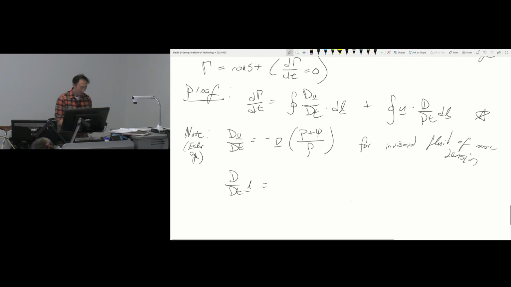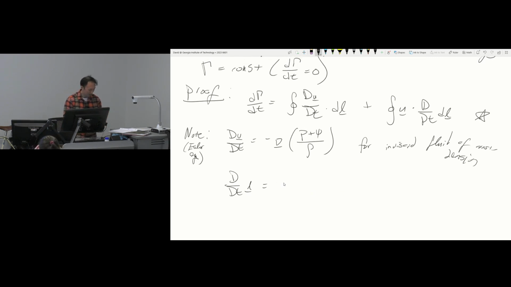Physically, how much L is changing. So this is dl. This is the rate of change of distance between two points, P and Q. So remember that whole loop can deform.